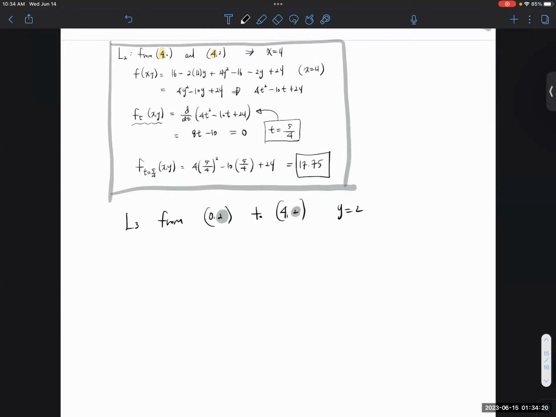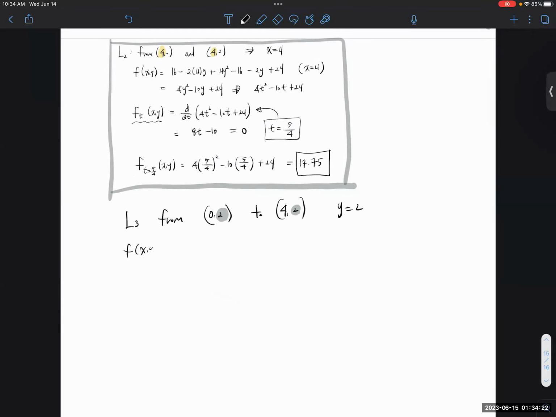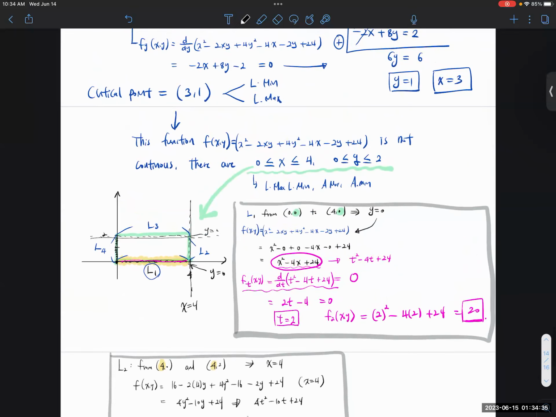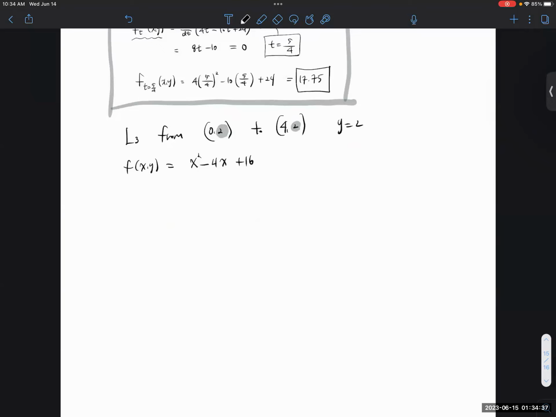So you're going to do the same work, plugging into the equation. If you plug in x squared, 4x, 16, into our f of x, y equation, you should get minus 4x minus 4 plus 24.